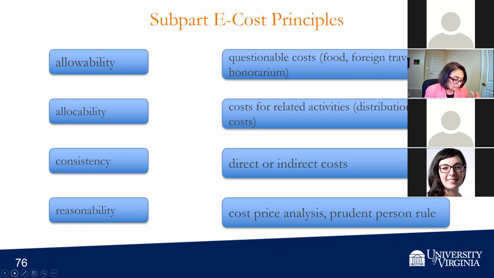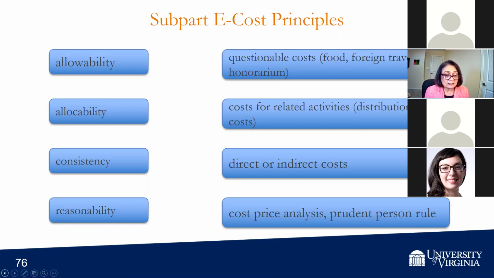If it's a speaker fee payment, where we use the expenditure type honoraria, then we do need to have a conference that is hosted by us or a meeting where the speaker is coming and talking. So that's how we check allowability and allocability of honorarium cost.